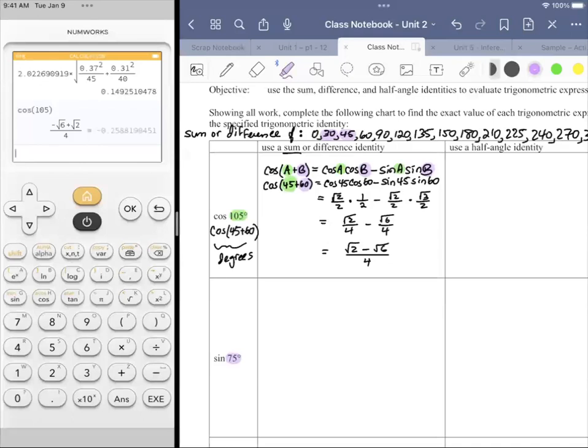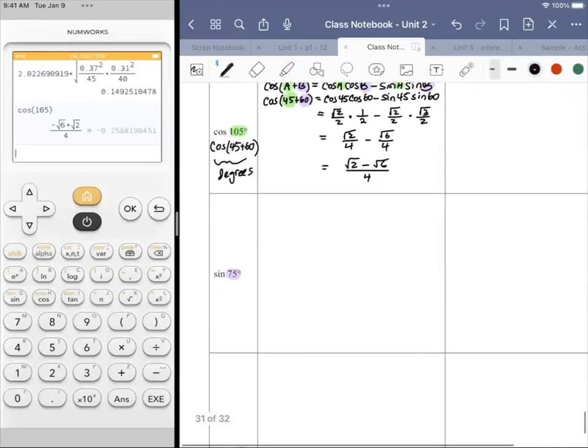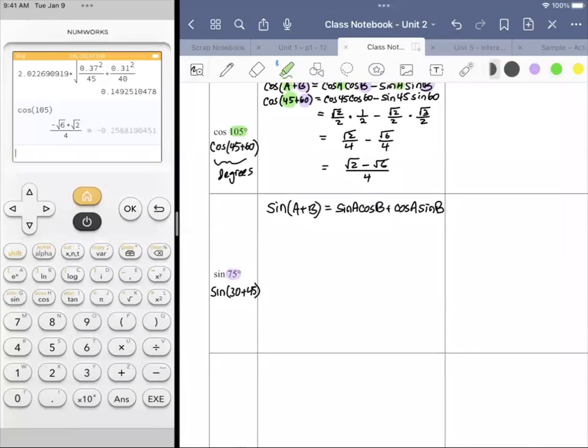So really, it's just like the identity proofs. You can go a couple of different ways, but I'm going to go with the simpler pathway, sine of 30 plus 45. Again, the rule, the identity for sine: sine of A plus B is equal to sine of A cosine of B plus cosine A sine B. I'm going to swap out every A for a 30 and every B for a 45.